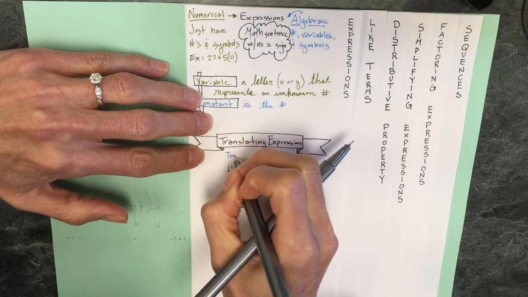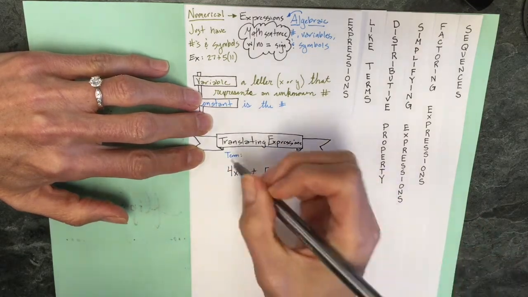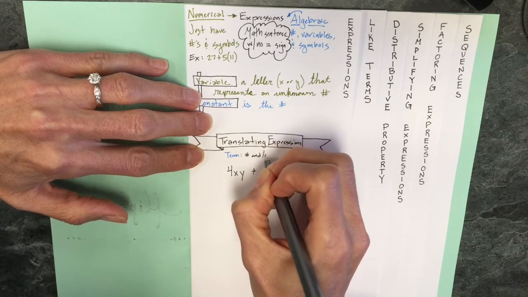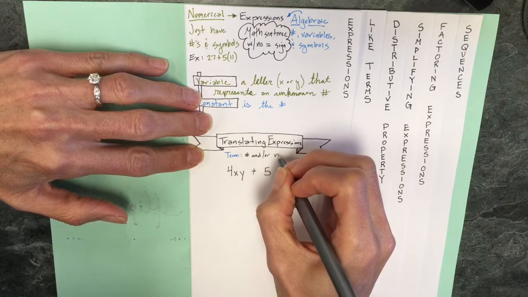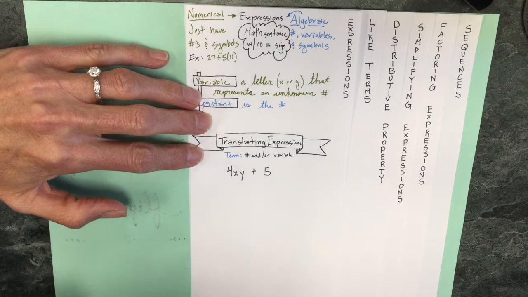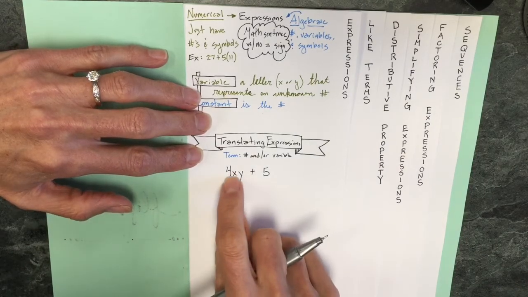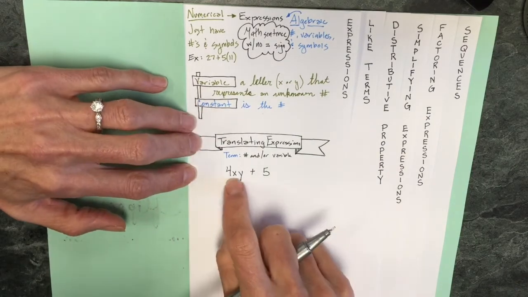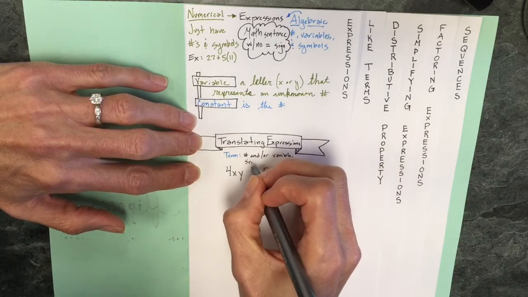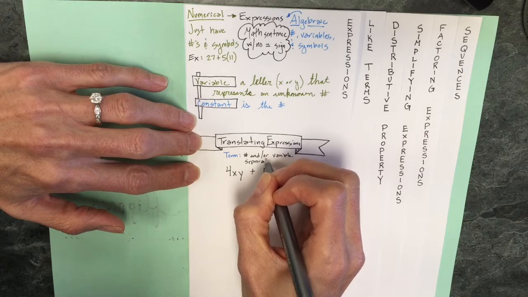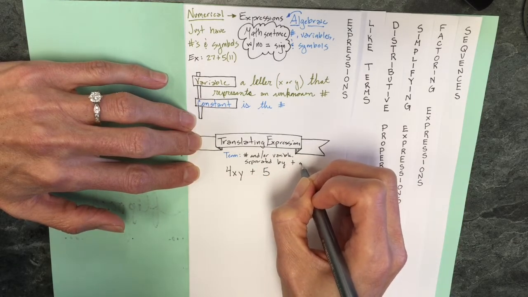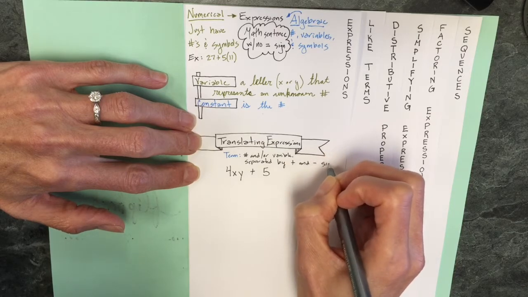Term: number and or variable, because it could be ones that are being multiplied together, like this 4xy, and they're separated by addition and subtraction signs.